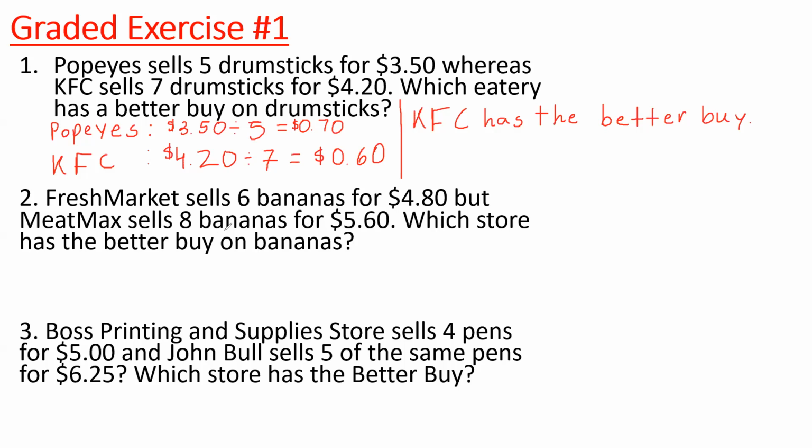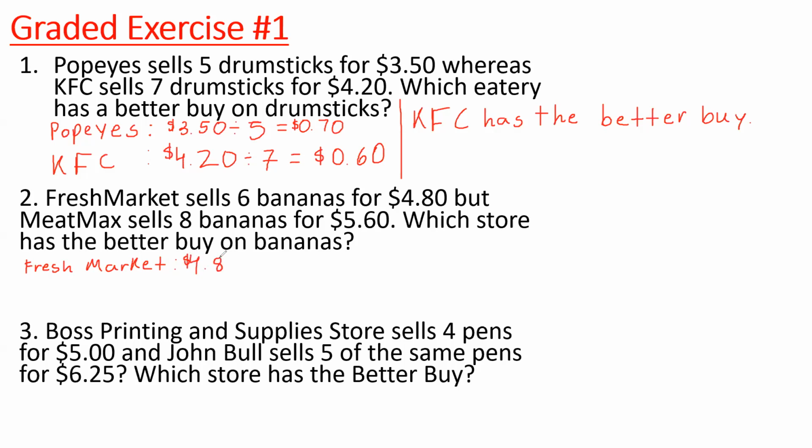Yes, sir. So what you do is you write your chart as Fresh Market and Meat Mark. And for Fresh Market, you divide 6 by 4.80. Oh, the other way around. So 480 divided by 6. And when you divide 480 by 6, what did you get?